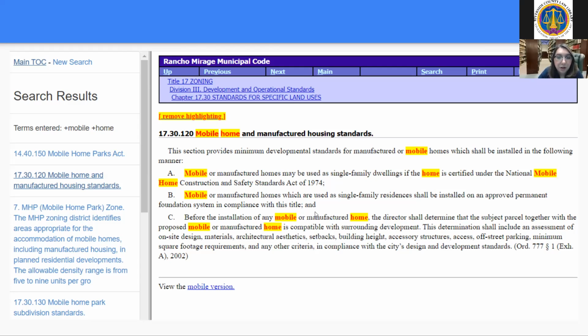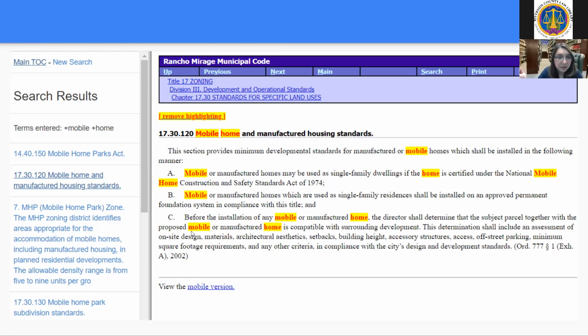Mobile or manufactured homes, which are used as single-family residences, shall be installed on an approved permanent foundation system in compliance with this title. And before the installation of any mobile or manufactured home, the director shall determine that the subject parcel together with the proposed mobile or manufactured home is compatible with the surrounding development.